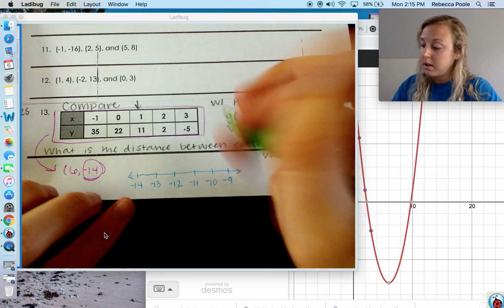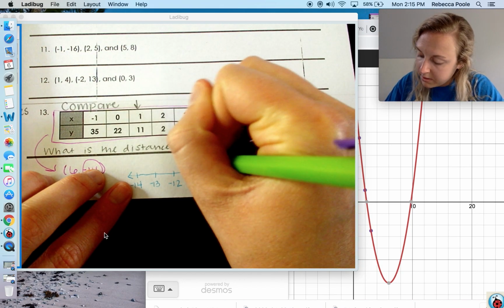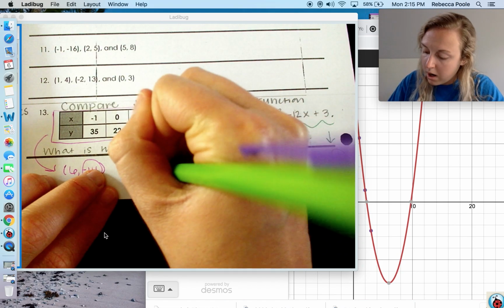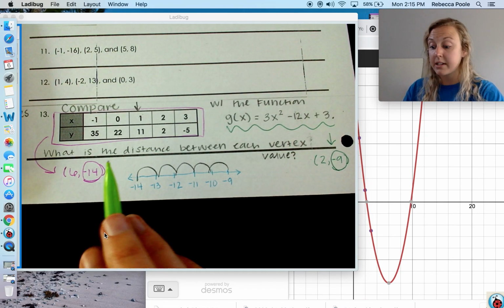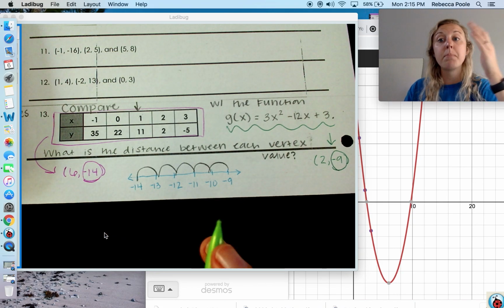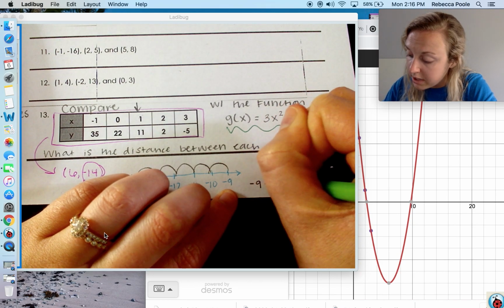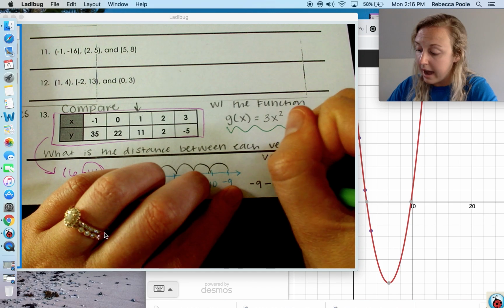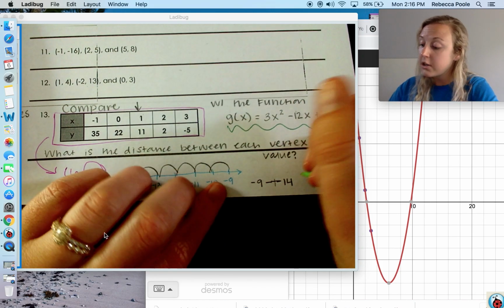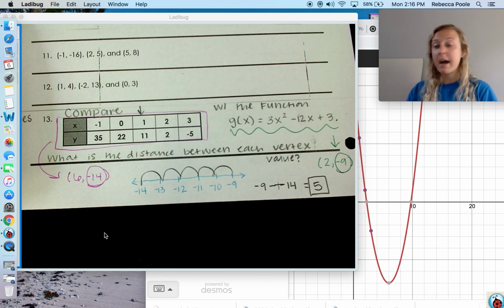So -14 to -9 is just 1, 2, 3, 4, 5 spaces. You also could have gotten that by subtracting, the bigger one minus the smaller one. So -9 is bigger than -14. So -9 minus -14, you would add if you have minus a negative, and you're still going to get 5. So my answer here is 5.